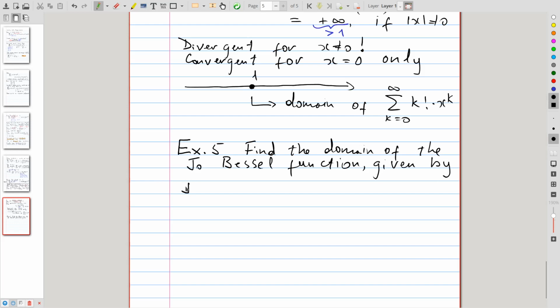J0 of x is equal to the sum k from 0 to infinity of minus 1 to the k times x to the power 2k, divided by 2 to the power 2k times k factorial squared.